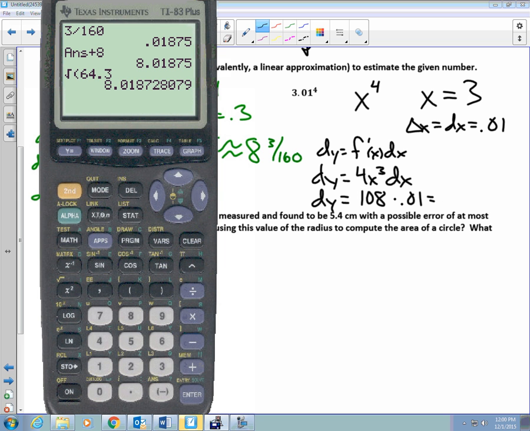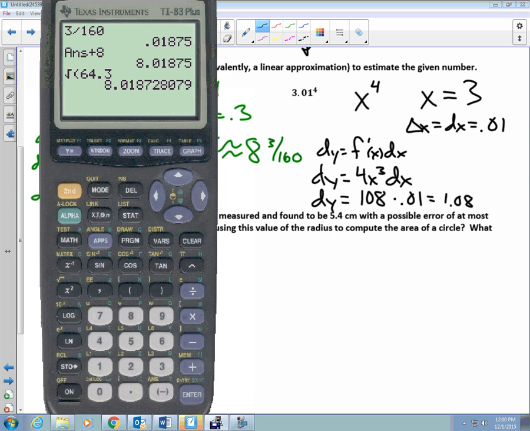And I get 1.08. So is that my answer? If I plug in 3 for x, 3 to the third is 27 times 4 is 108, times 0.01 is 1.08. That's not my answer.